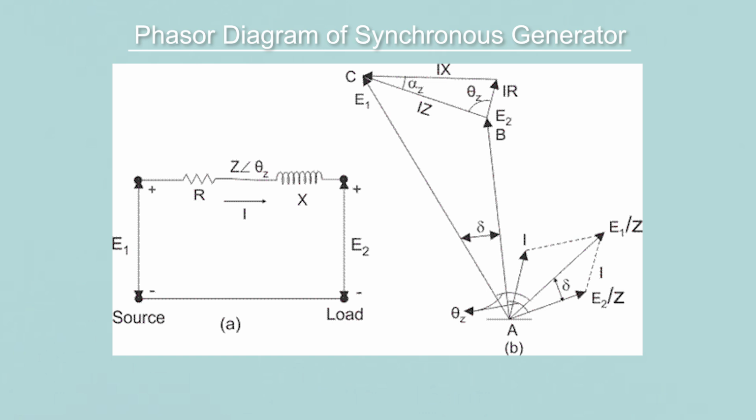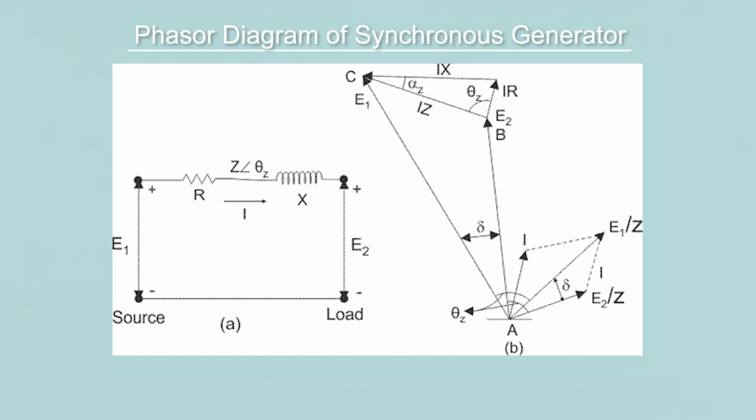Z is the series impedance and the associated phasor angle is theta Z. R is the armature resistance, X is the armature reactance. When the current is flowing from E1 towards E2, we call E1 the source and E2 the load. Power is flowing from the source towards the load.